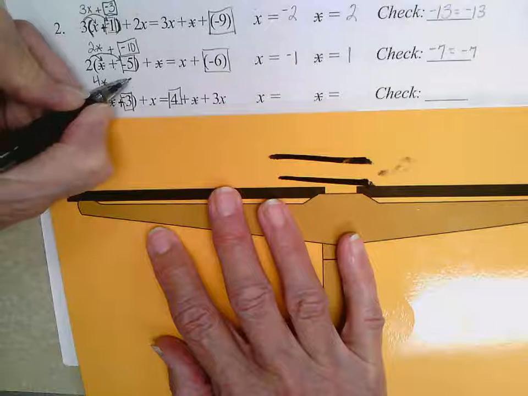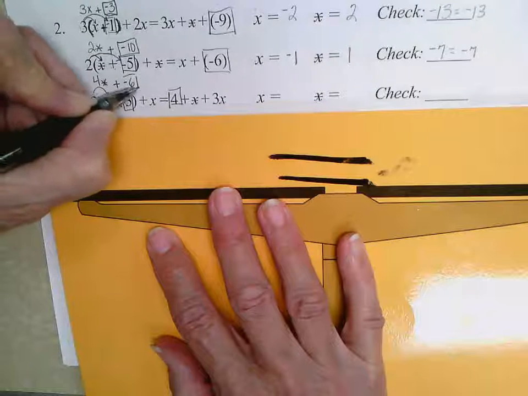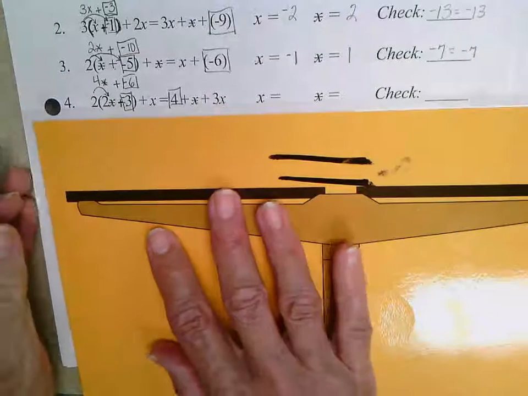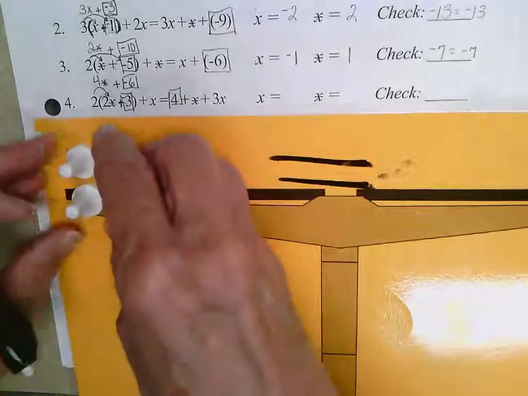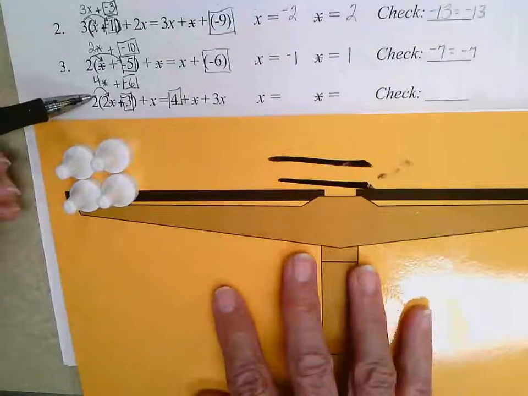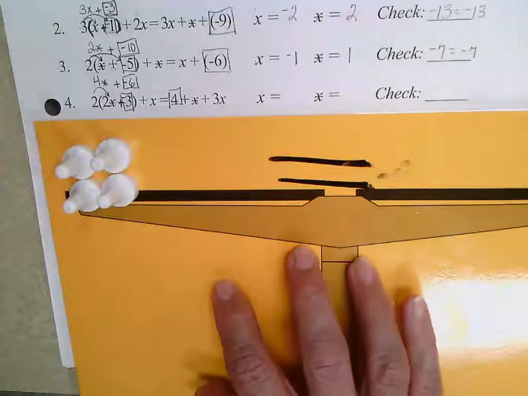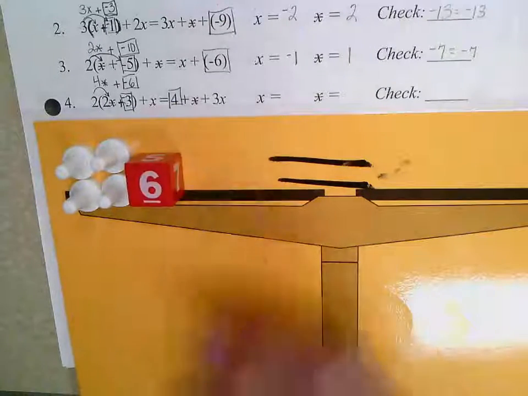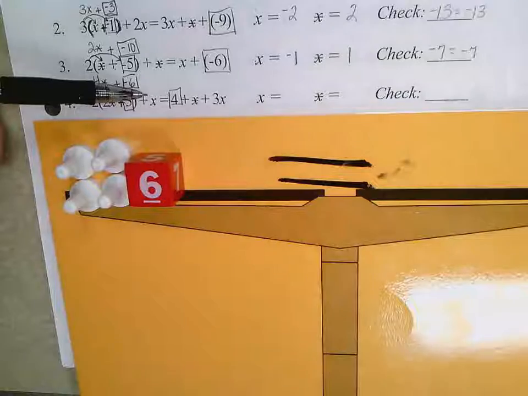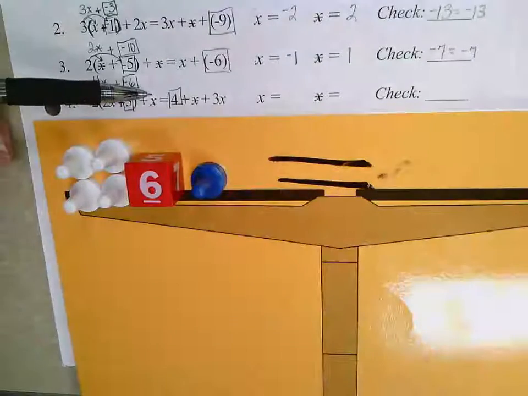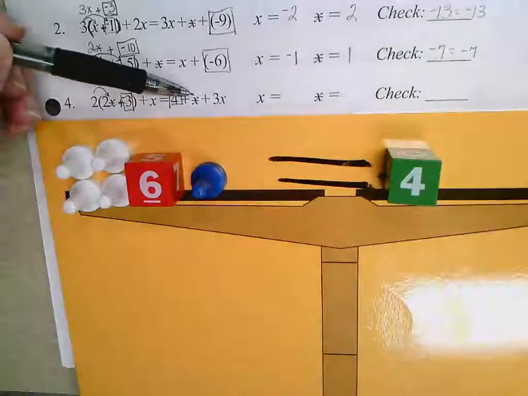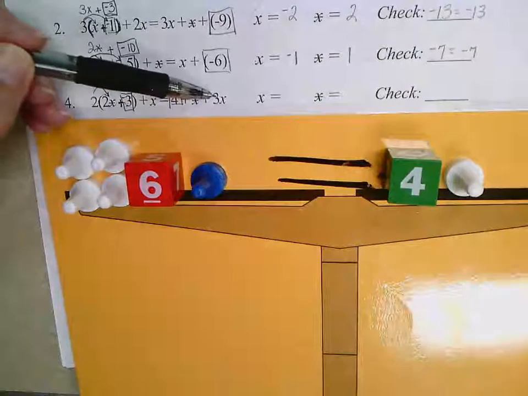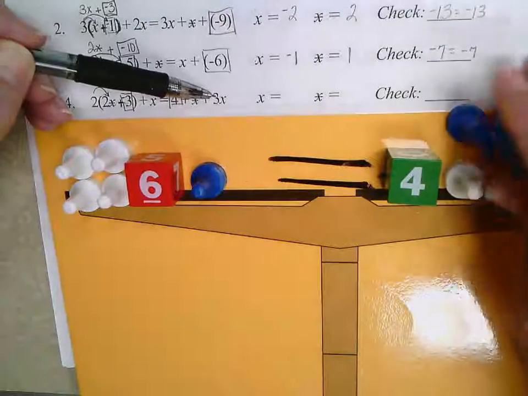So that's going to give me a negative 6 block. So when I set this up, I'm going to have 4 white pawns, and I'm going to have a negative 6 block. I'm going to have a blue pawn, and then I'm going to have a positive 4, a white pawn, and 3 blue pawns.